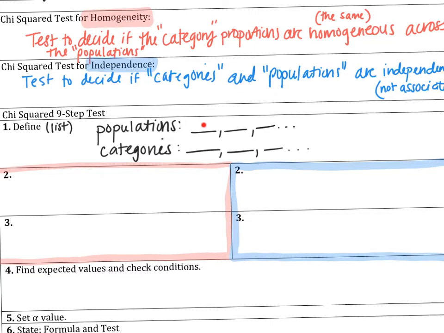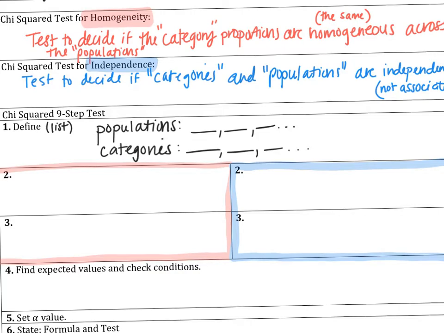Normally, populations have to do with people or subjects, and categories are decisions or choices that are made by those people or subjects. But if it's really hard to decipher between the two, when in doubt, for homogeneity you can just follow the definition: the categories are homogeneous across the populations. And for independence, you can just use your best judgment. It is not going to kill your chi-squared value too much.